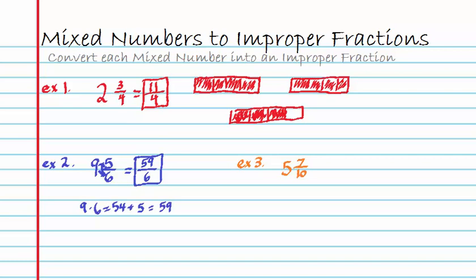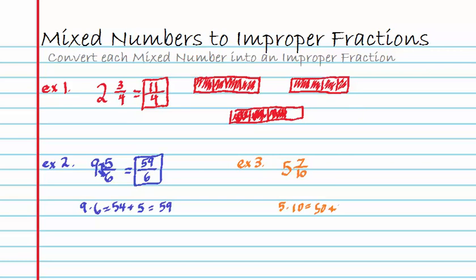Example 3, we have 5 and 7/10. We're going to repeat that same process. You multiply the number out in front, so in this case 5, by the denominator. So 5 times 10, so 5 times 10 is 50. My next step is to add that product to the numerator.